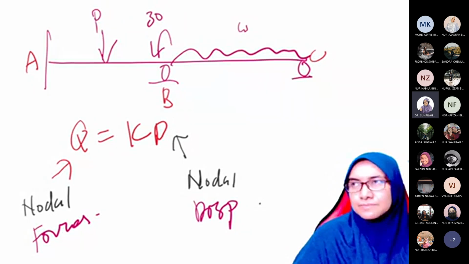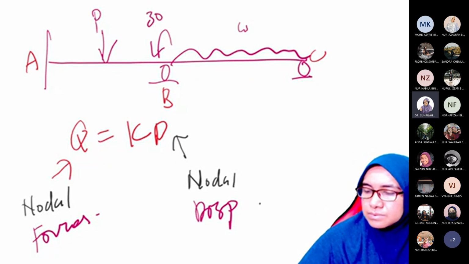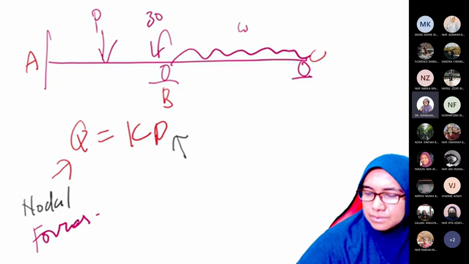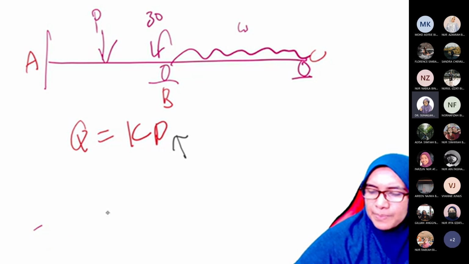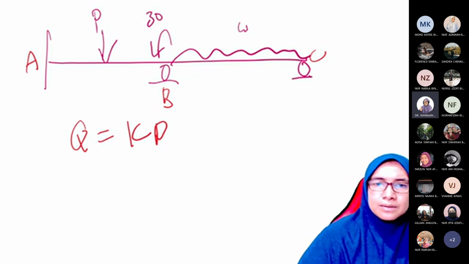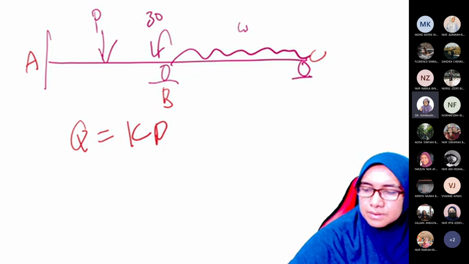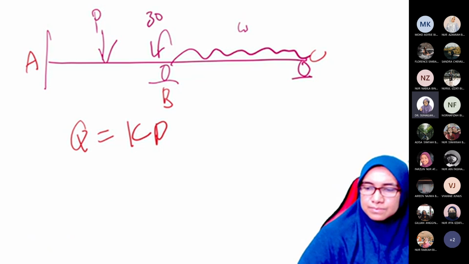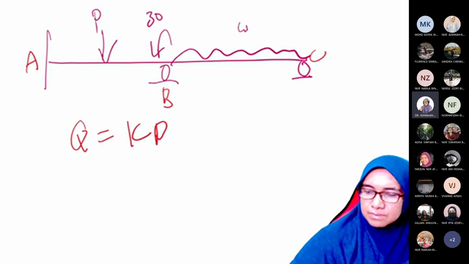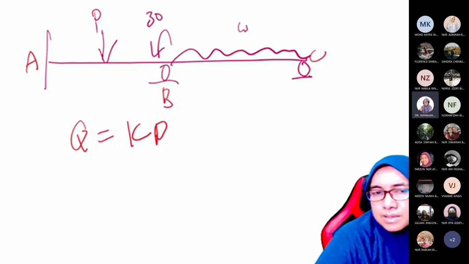Do you have any idea where we need to put P and W, or consider them in the calculation? Any idea?